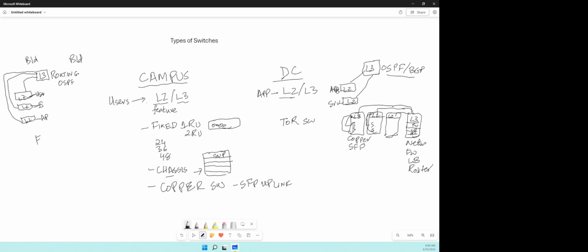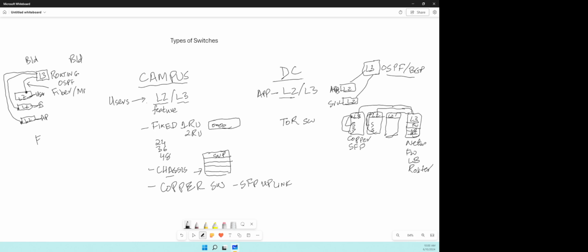The cable is copper, UTP, Cat5, Cat6. But this cable right here would be fiber. Doesn't have to be, but typically the ports are SFPs, small form-factor pluggable, which could be copper, or converted into a fiber, either multi-mode or single mode, depending on the distance between the layer 2 and layer 3.